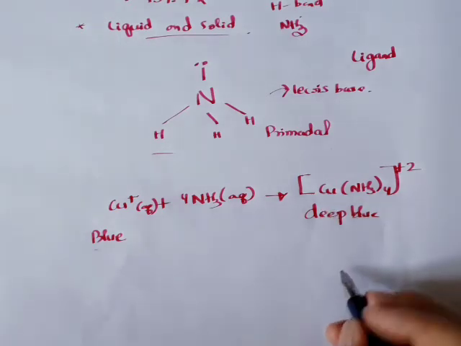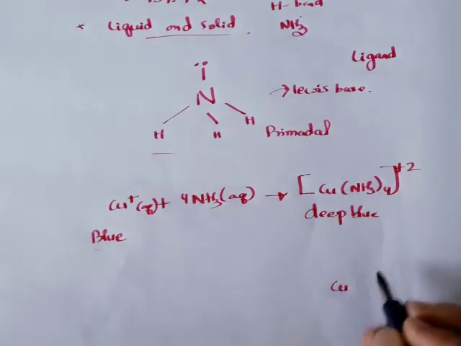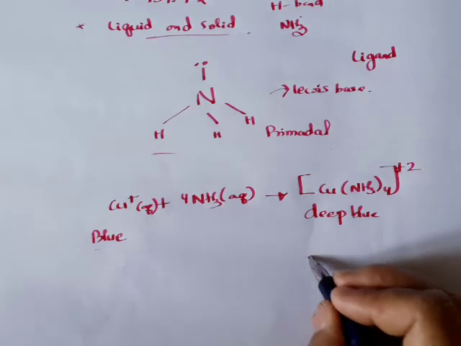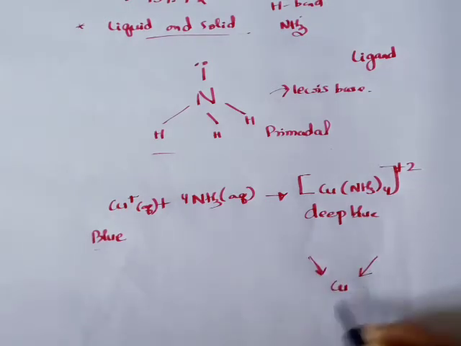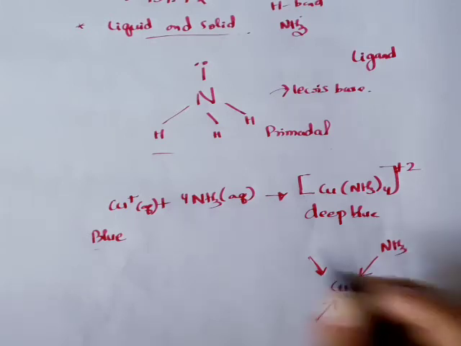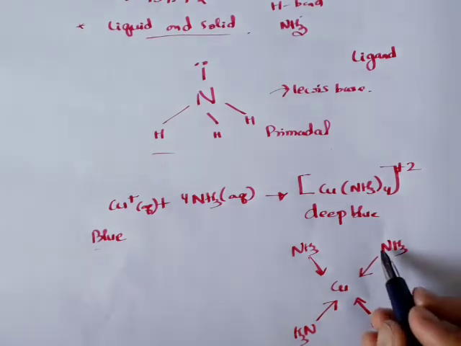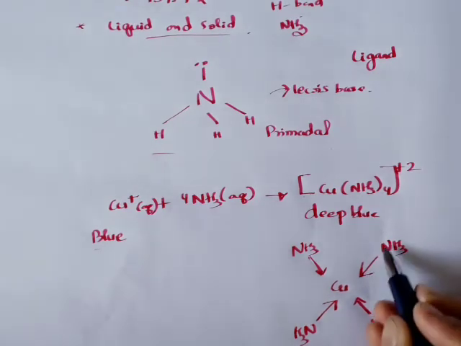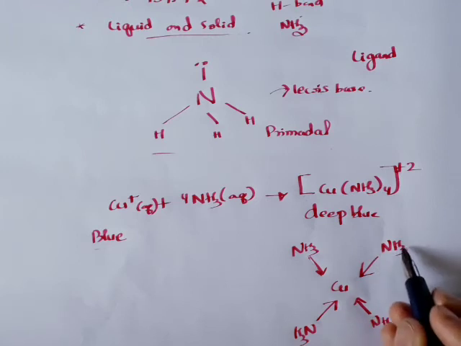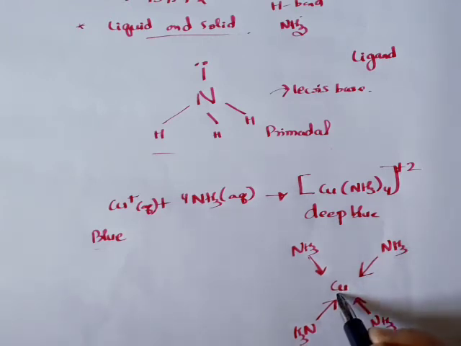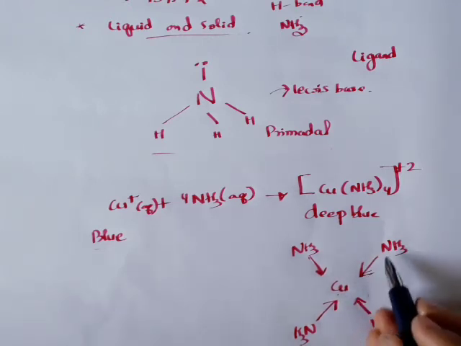I'll show you the structure of this one. The structure is tetrahedral. So NH3, this arrow means it is donating a pair of electrons and forming a bond with copper, and this arrow represents the bond.